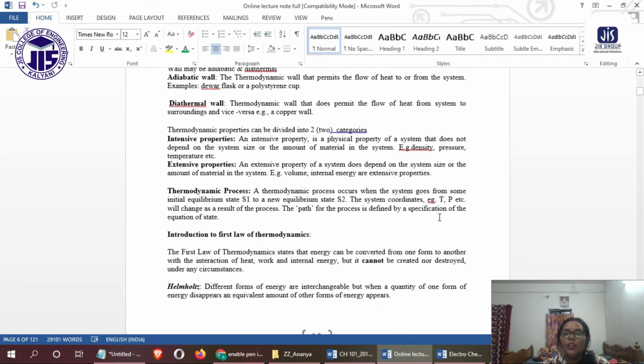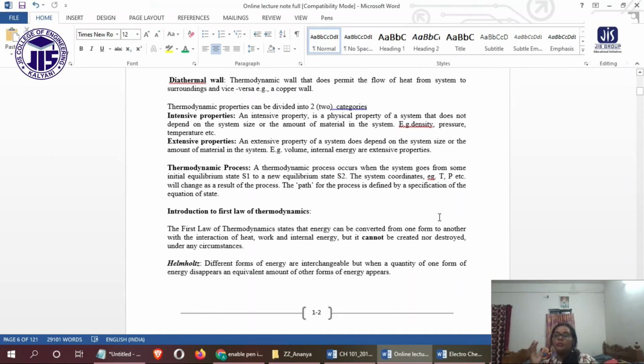Now we have two types of properties: one is intensive property, one is extensive property. Intensive property does not depend on the amount of material that we have in the system, like density, pressure, temperature.